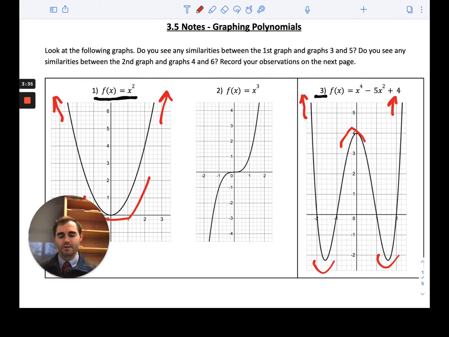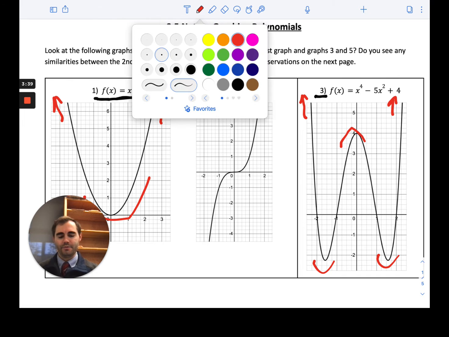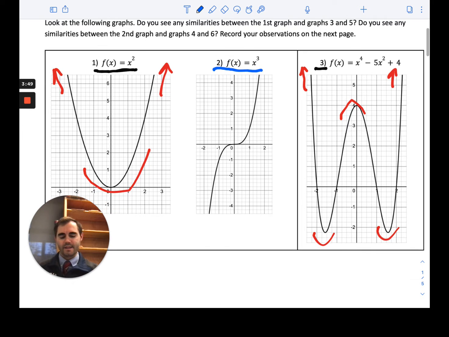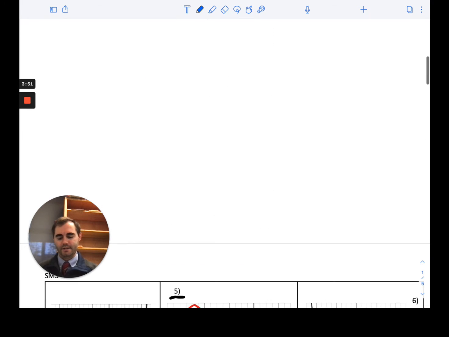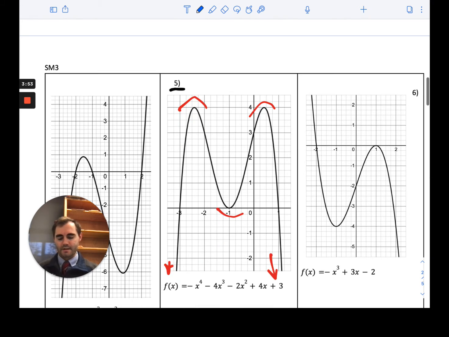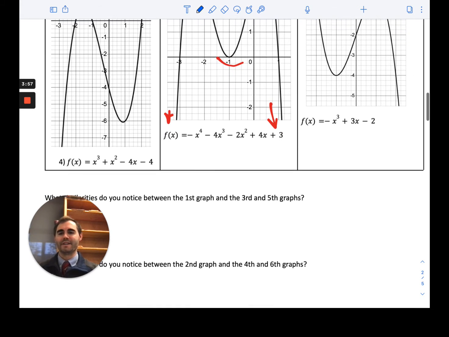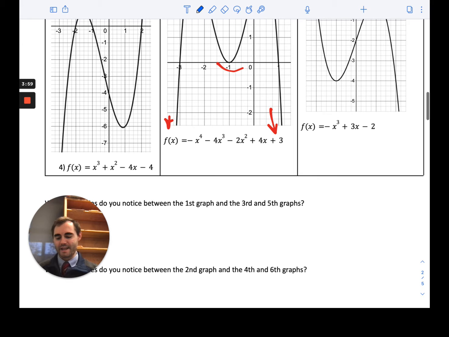Now let's take a look at graphs number 2, 4, and 6, and see how these graphs are related to each other. We're first going to look at this graph of x to the 3rd power, or x cubed. Unfortunately, when I saved this as a PDF, the equations got moved down to the bottom.